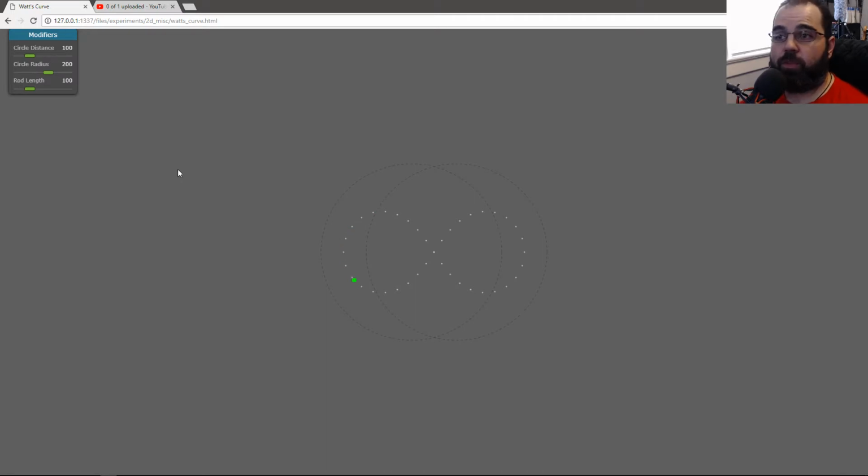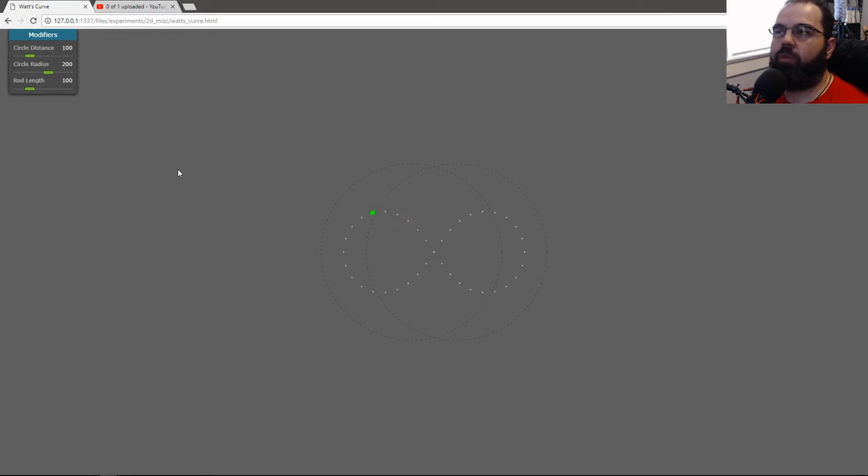Like in the first one, I did a figure eight type of curve, and thanks to someone on Twitter, Alexander, because I said the next one I want to work with is Watt's curve, but I can't find any examples of how it's implemented. So I think he gave me a page.